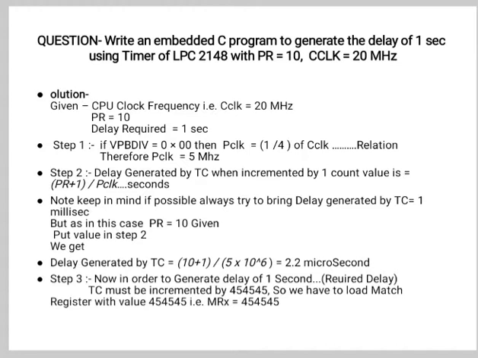So we get 2.2 microseconds. Now to generate a delay of 1 second, the TC must be incremented by 454545. So we have to load the match register with the value 454545.